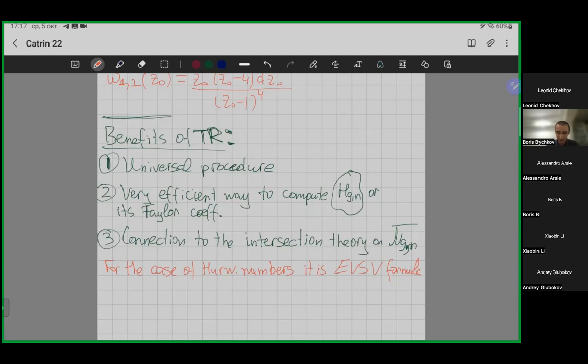It's very nice and interesting. And there is, of course, a connection to the integrable hierarchies here.